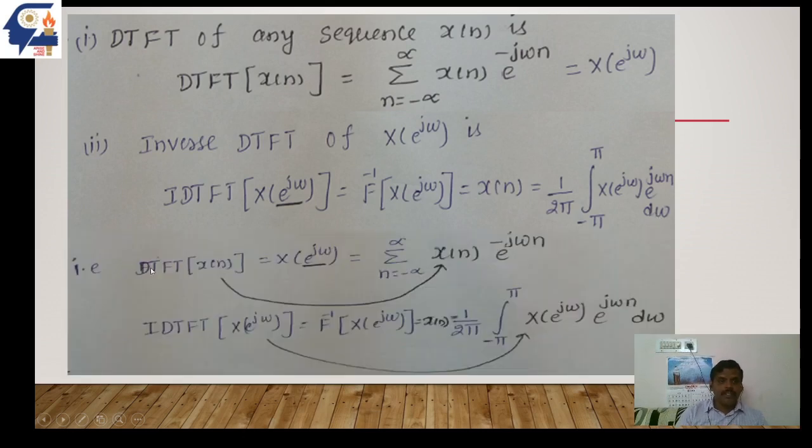So that is, the DTFT of a discrete time signal is given by X of e power j omega, that equal to summation n equal to minus infinity to plus infinity x of n e power minus j omega n.